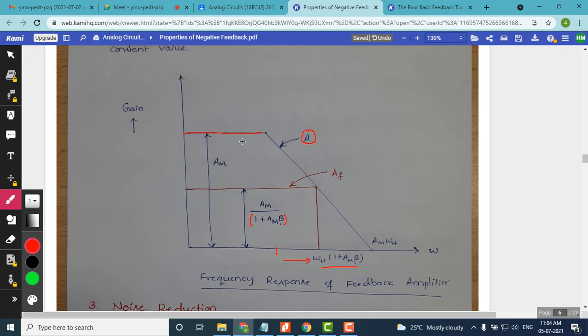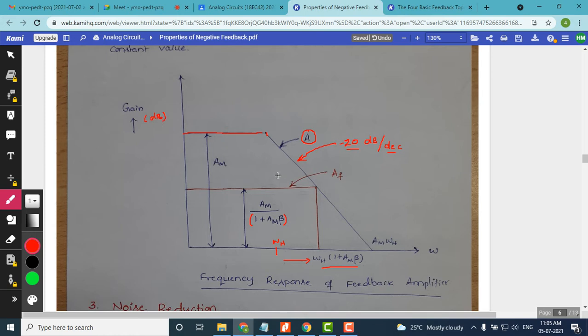You can see that the high frequency response is constant till we reach the cutoff frequency omega h, and from there onwards the gain drops at the rate of 20 dB per decade. So this is minus 20 dB per decade. That means for every 10 times increase in frequency, the gain drops by 20 dB. This has to be expressed in decibels.